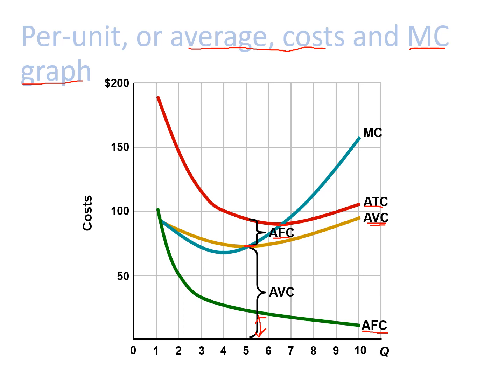You can note that the average fixed costs is always decreasing, because you have a fixed number which is getting divided by a bigger and bigger number as the units increase. That means that the average variable cost and the average total cost will be getting closer and closer together.